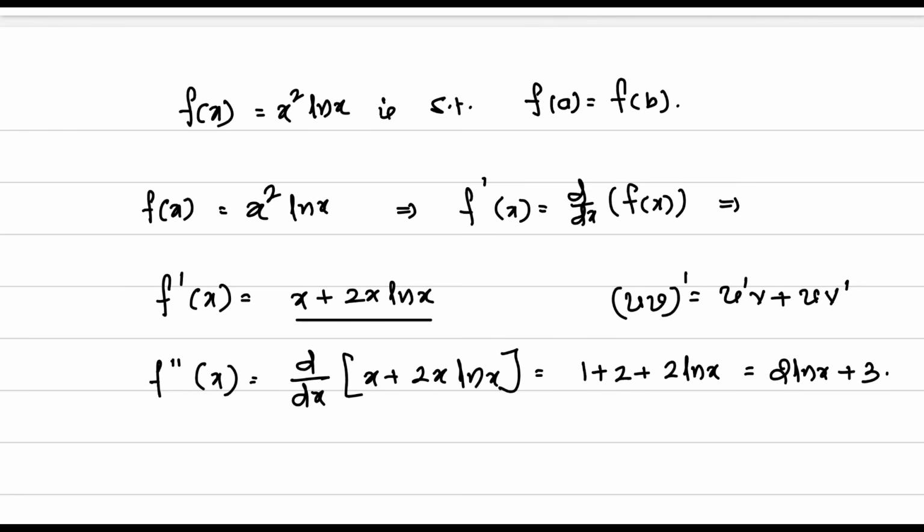We got the value of the first derivative and also the value of the second derivative, and a is not equal to b for all the values of x, because ln x can have values when x is positive.